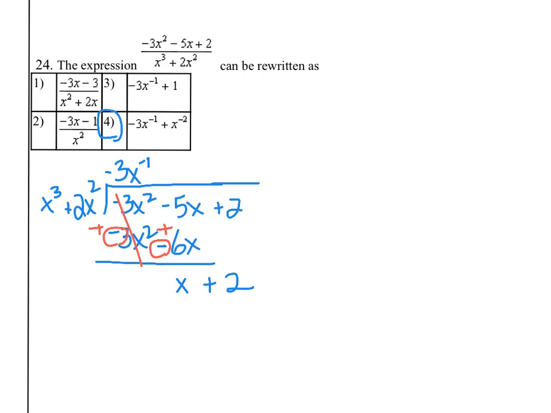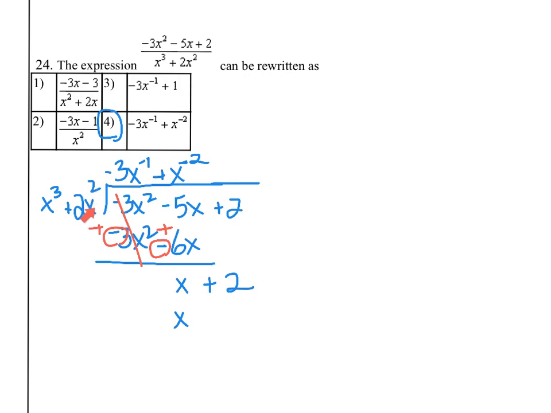So I know I'm going to have plus x, and that would be to the negative second, because I'm going down 2, so to speak. All right, so let's multiply. So x cubed times x to the negative second. Remember, we add the exponents, so that'll give me x to the first. I'm not going to write that. And then 2 times this 1 is 2.